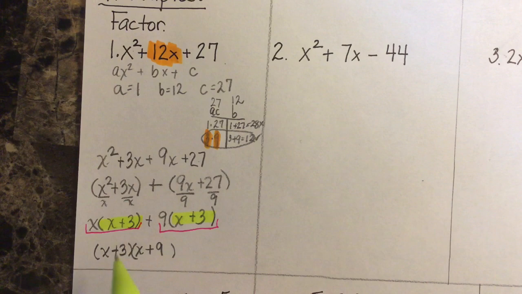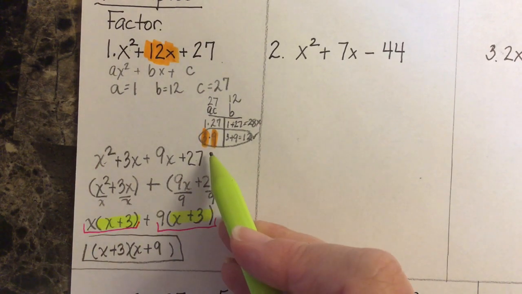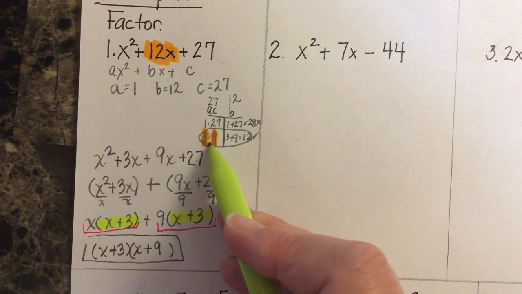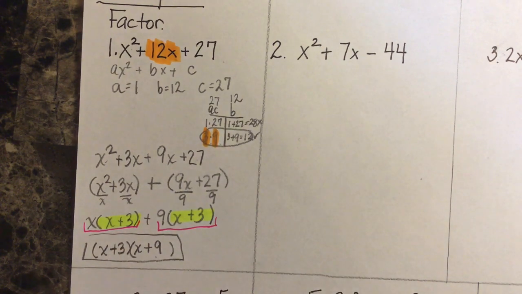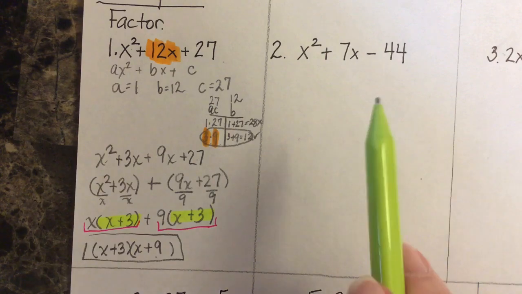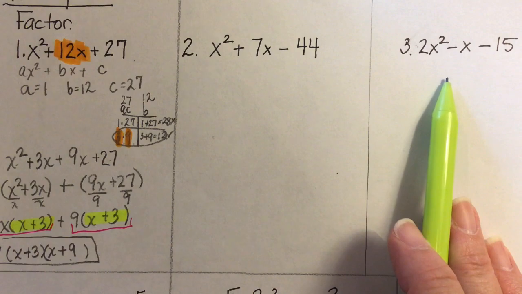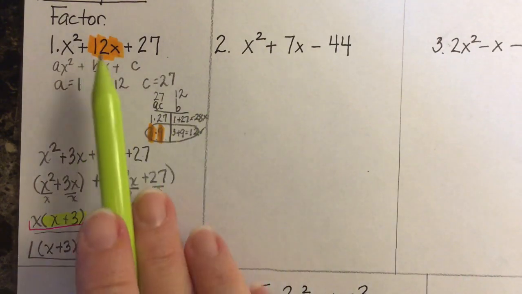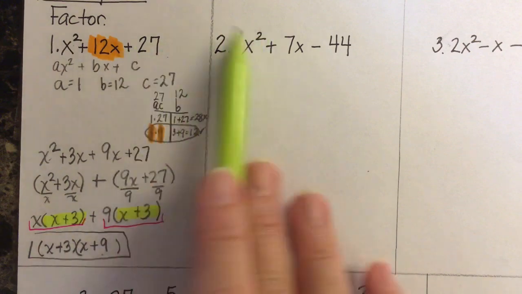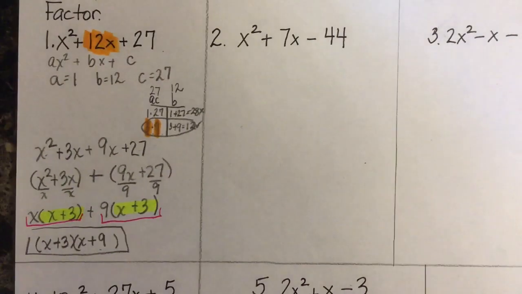And of course many of you will see, and I totally understand, that it would have been just as easy here to just go ahead and put x plus 3 and x plus 9 the way I'd showed you with the chart method. But when we do number 3, you can't do it that way. I want you to notice, and I'll point that out in just a minute, I want you to be thinking about what's the difference between these two compared to this one. So be thinking about it as we're going to do the next example.